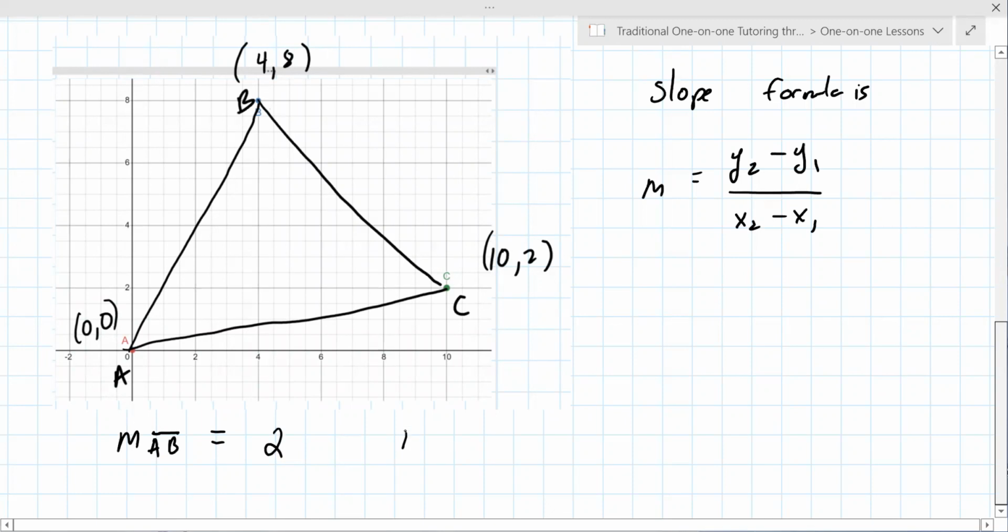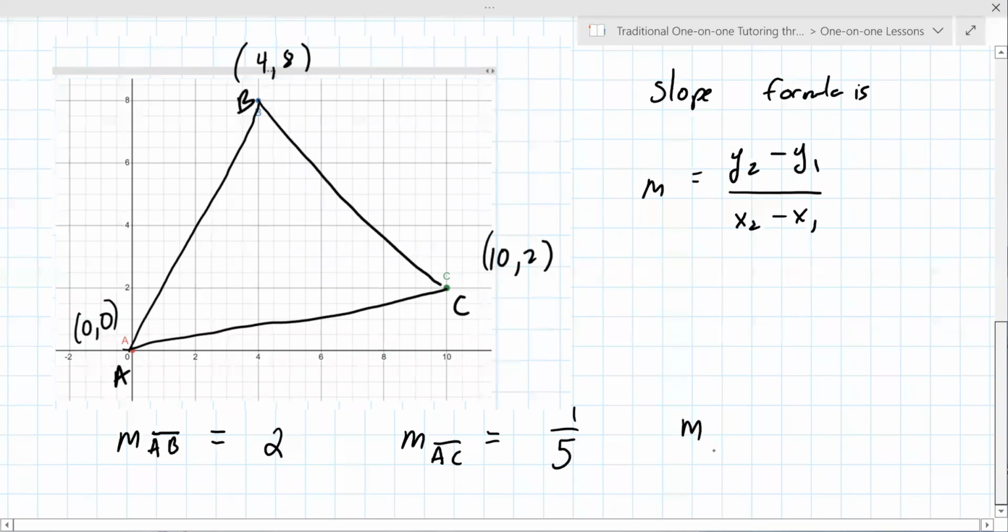Okay, now we're going to do the slope of A to C. Okay, A to C, got it. One fifth. 1, 5. That is correct.